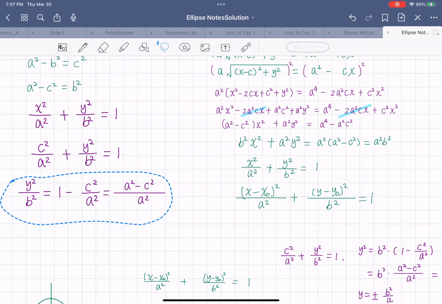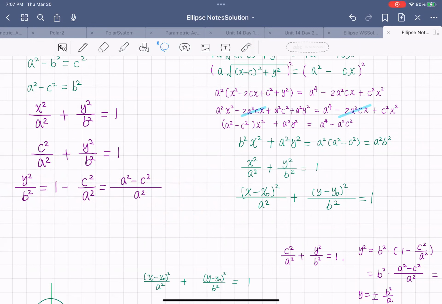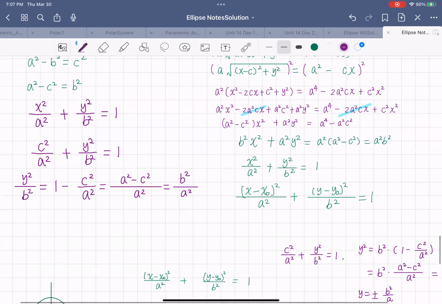Okay. Students, please also write down. Don't just look or listen. Treat my class as a movie? No, that's not going to work. A squared minus c squared becomes? B squared, right?